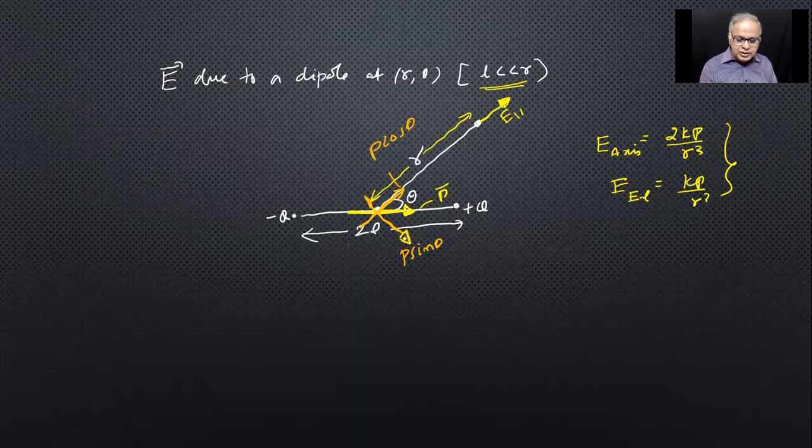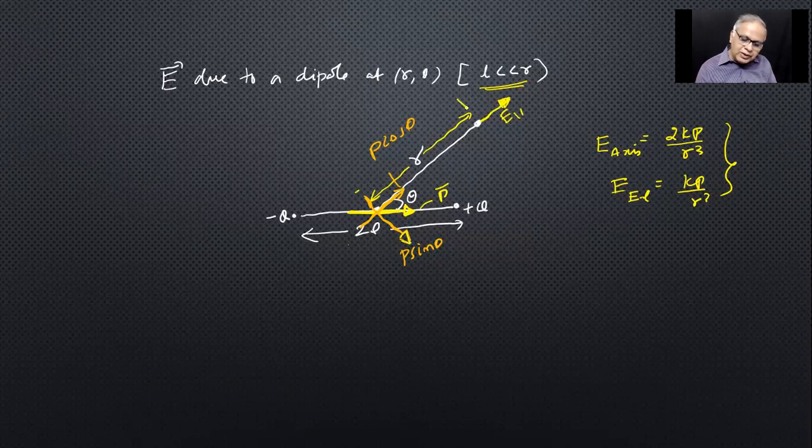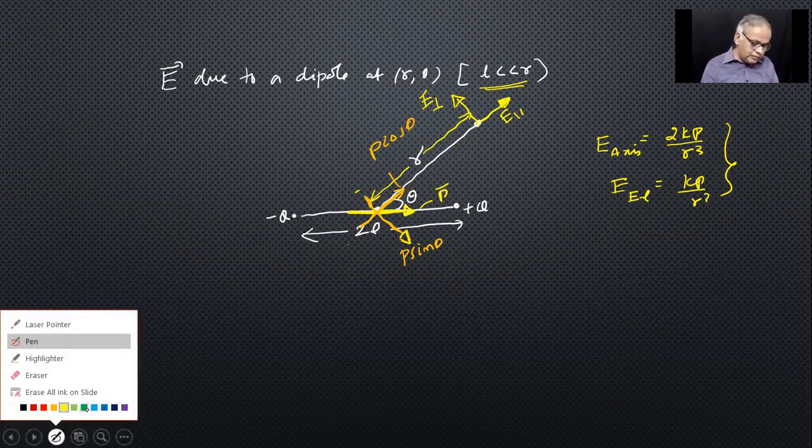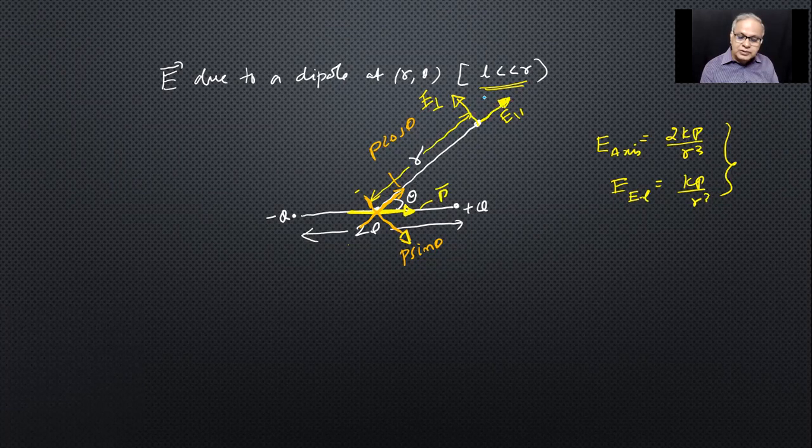If the arrow is like this, it means this is plus, this is minus. So E perpendicular will be like this. Why am I calling it E perpendicular? Perpendicular to this R line. So the total E would be somewhat like this, the resultant of these two. Hope people followed it.